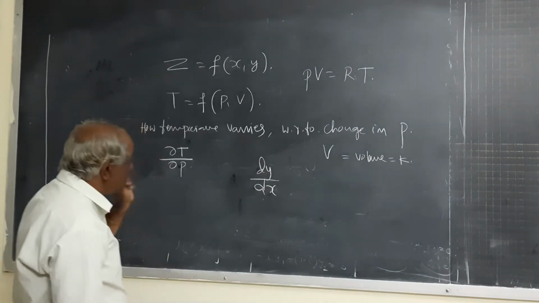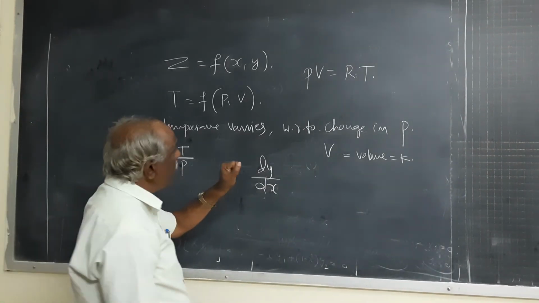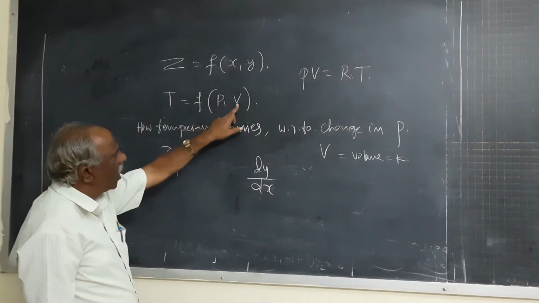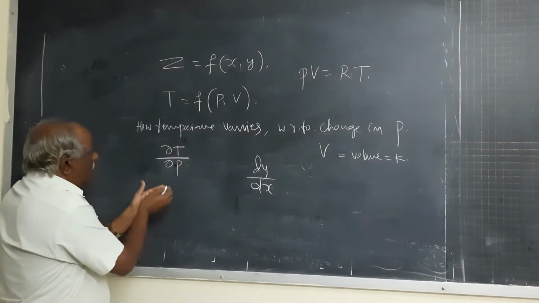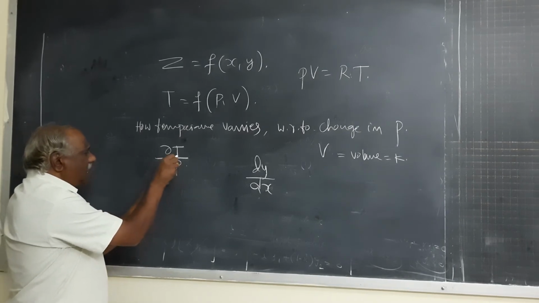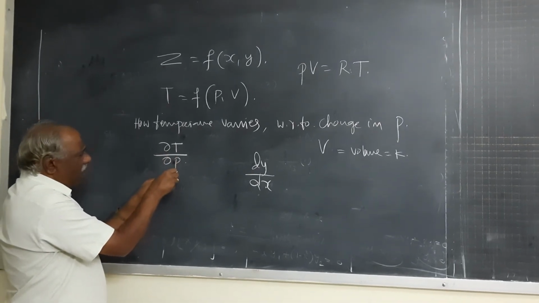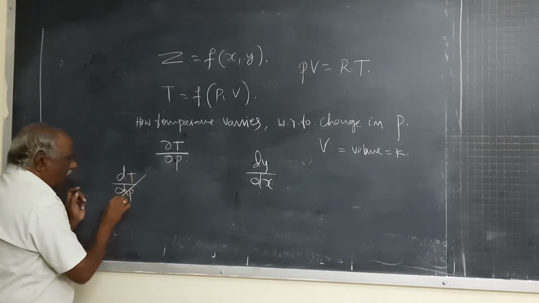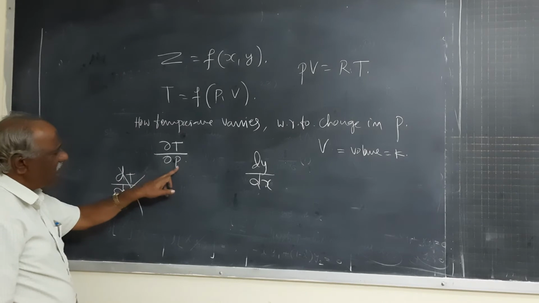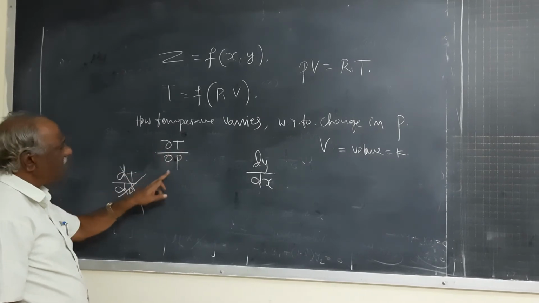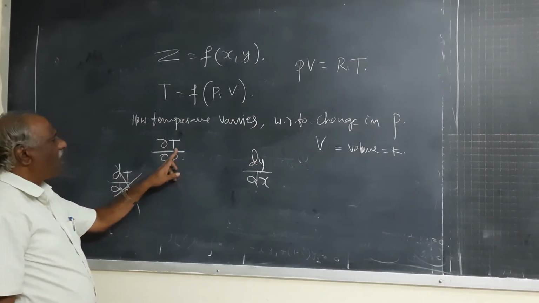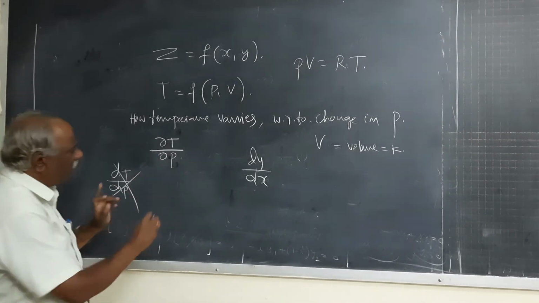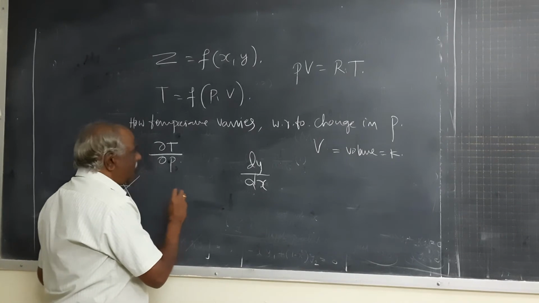Whereas here, since temperature depends on two parameters, pressure and volume, if I want to understand how temperature is varying with respect to P, instead of writing dT by dP, I should write dou T by dou P, and this is called partial differentiation of T with respect to P. Now, I will give you the definition later.